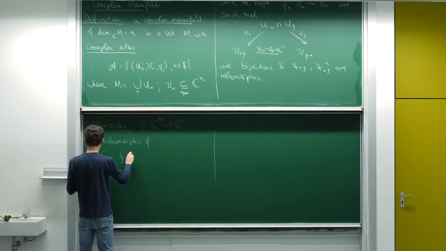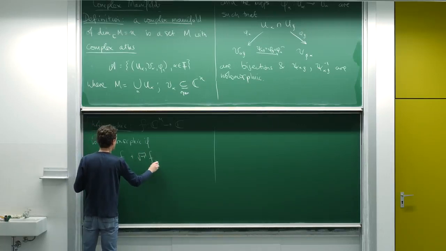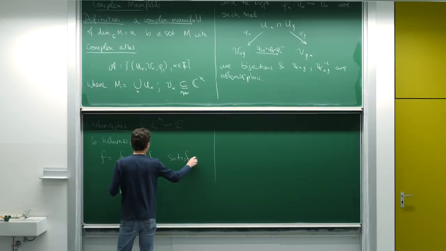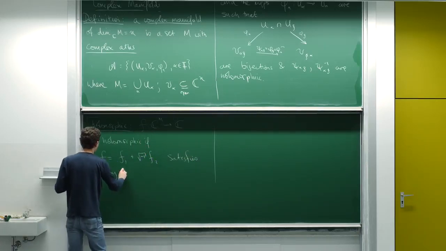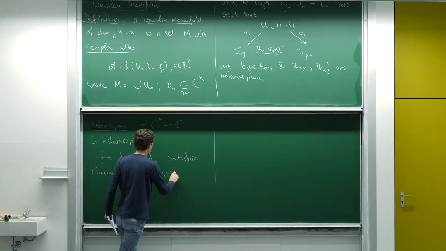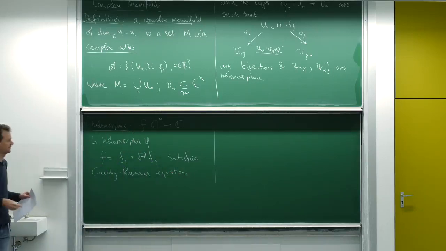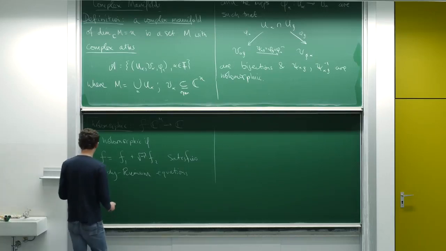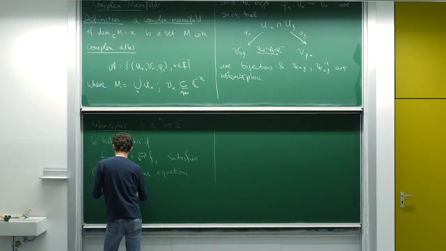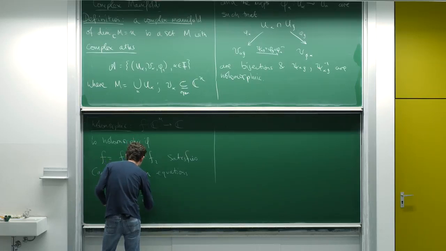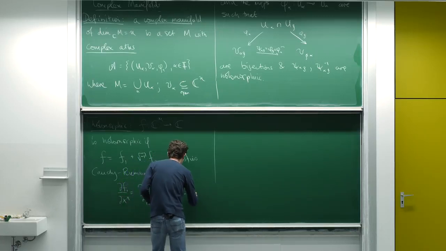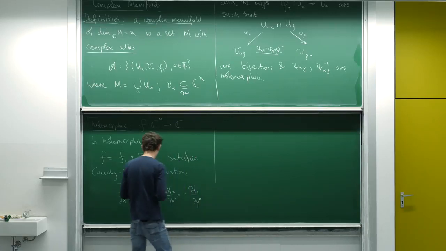So if you separate f into real and imaginary parts, then this function is holomorphic if it satisfies the many variable Cauchy-Riemann equations, which read df1/dx^μ = df2/dy^μ and df2/dx^μ = -df1/dy^μ.